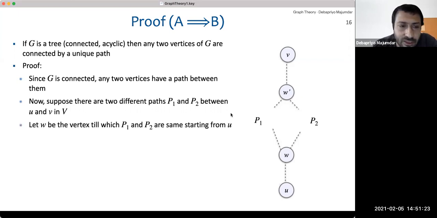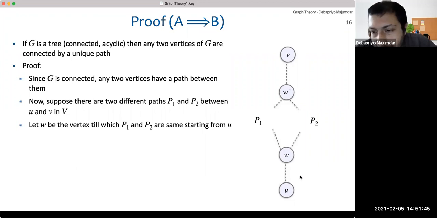What are these W's and W primes that I have drawn here? So let W be the vertex till which P1 and P2 are the same starting from U. Although it's an undirected graph, let's go one way. Starting from U until W, the two paths are the same. It's possible that the two paths are different from the beginning itself, then W is the same as U, no problem with that.